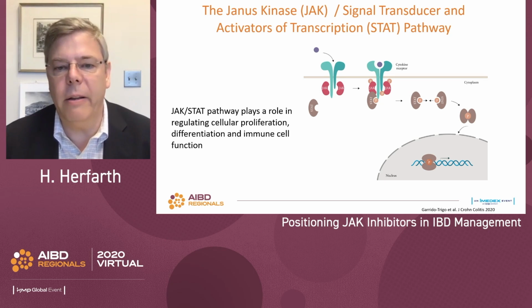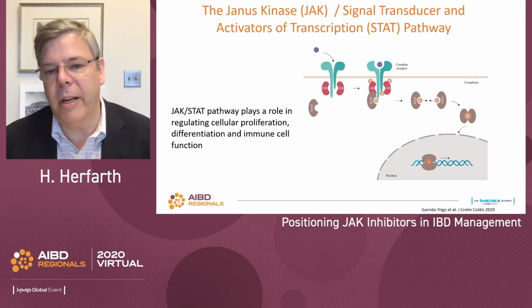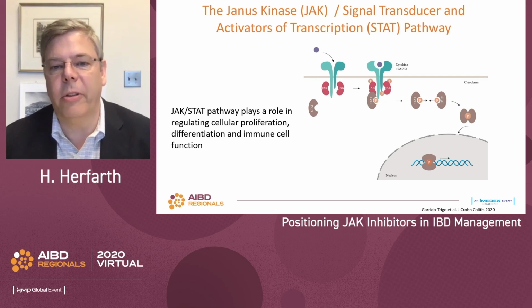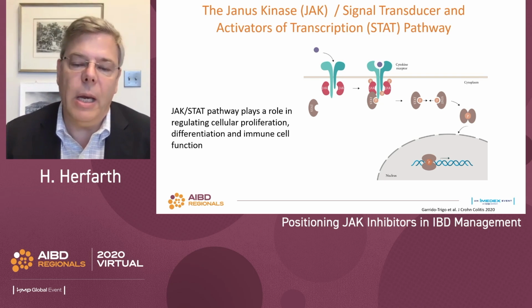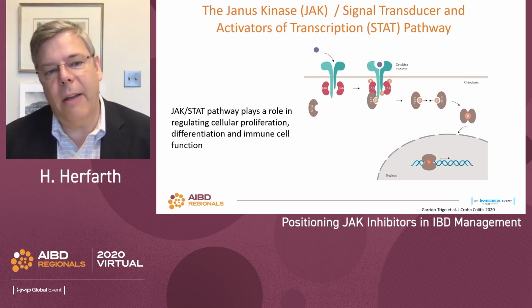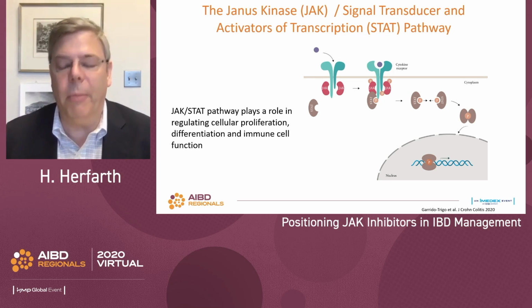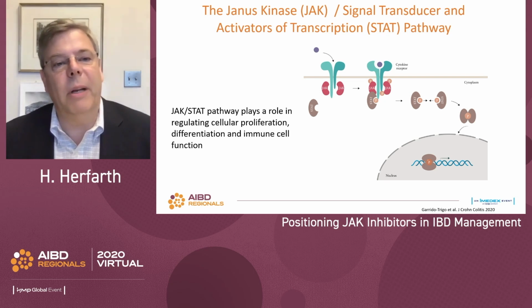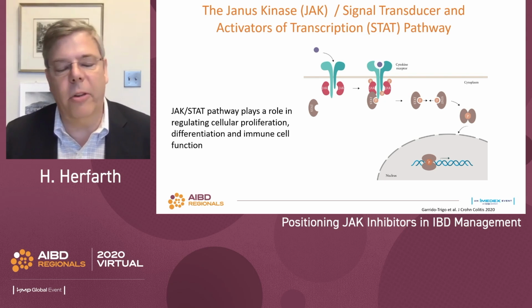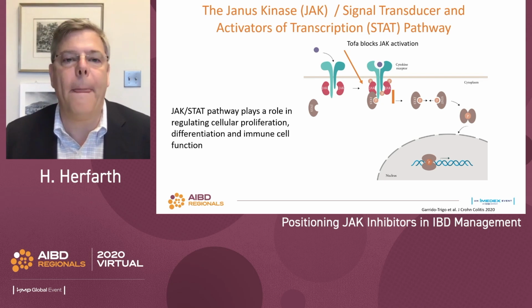STAT translocates in the nucleus and then activates transcription factors such as NF-kappa B and IL-1 and TNF. And from there, the pro-inflammatory cascade starts, but as well other cascades start, which contribute to cellular proliferation and differentiation.